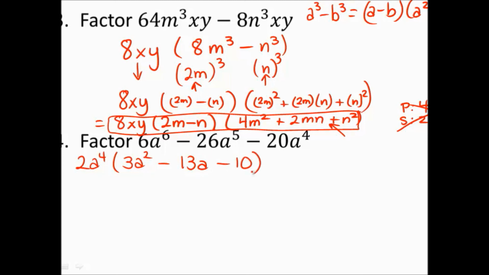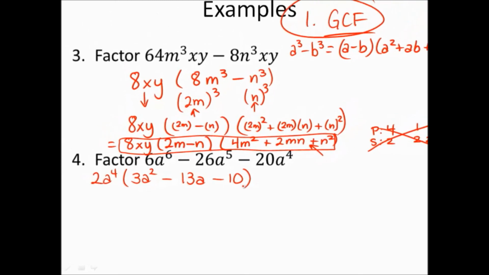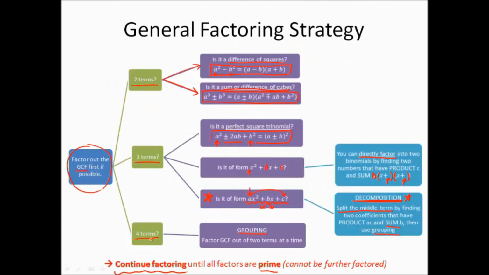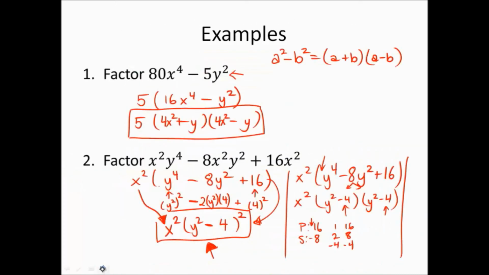Great. Now we can continue and look for factoring the bracket. We've got 3 terms. So let's look back. For 3 terms, you can look for, is it a perfect square trinomial? Is it of the simpler factoring format with leading coefficient 1? Or does it have a leading coefficient that we need to do decomposition on?